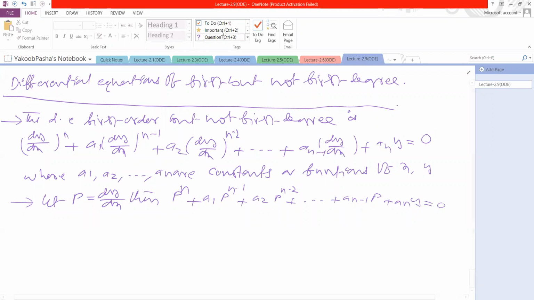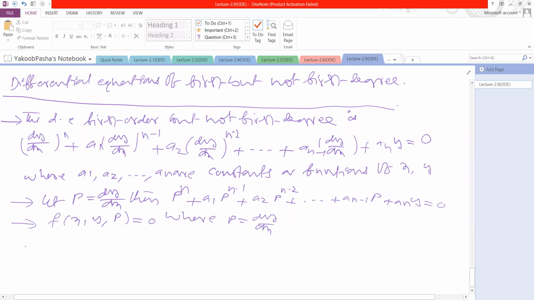So this type of differential equation can be written simply in the form of f of x y p is equal to 0, where p is equal to dy by dx. Here we have 3 variables x y p.